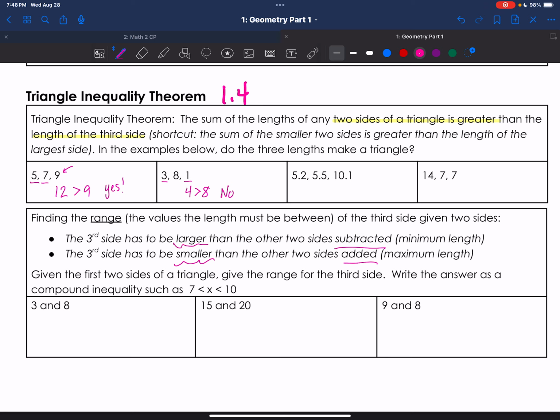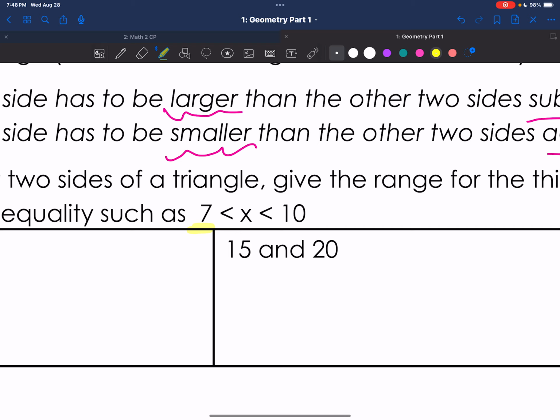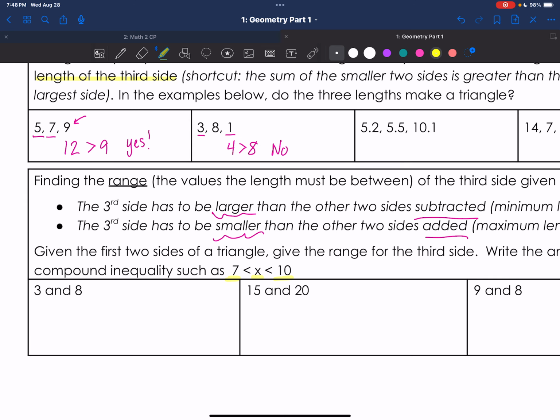If you want to find the larger bound, you add them together, and if you want the smaller bound, you subtract them to find the units between. Then you write it as a compound inequality. A compound inequality is where you have a number here, a variable with your inequality signs in the middle, and another number there. So your variable needs to be between those values.